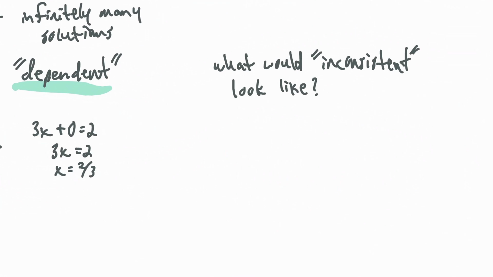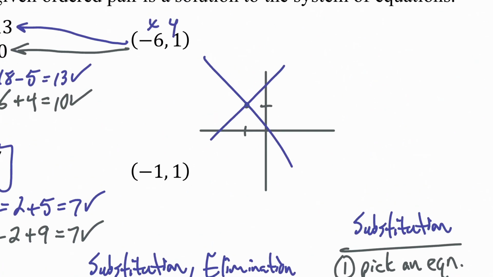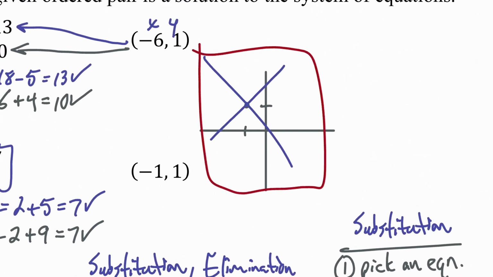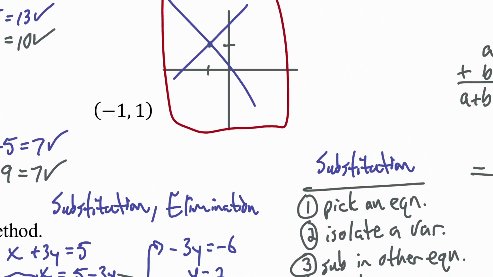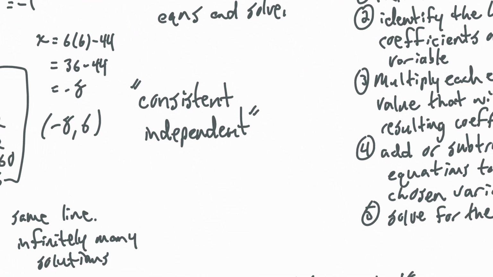So when you have a consistent system, you get something like this, where if you graph the equations, there's an intersection point. That's a consistent independent system. In fact, I'll put the drawing right here. You get something like that, because the two lines cross.